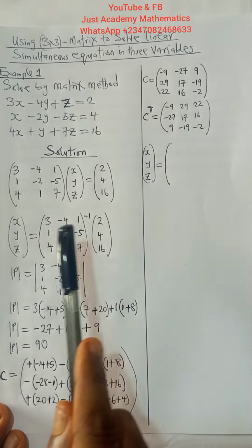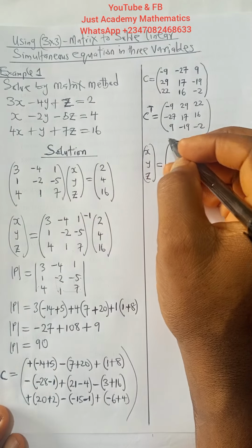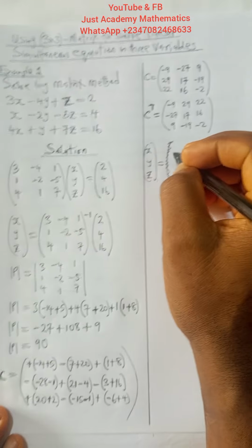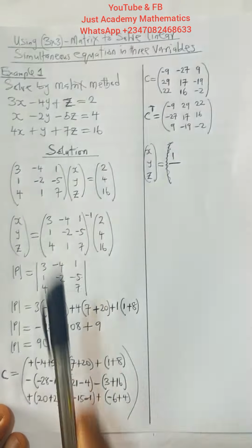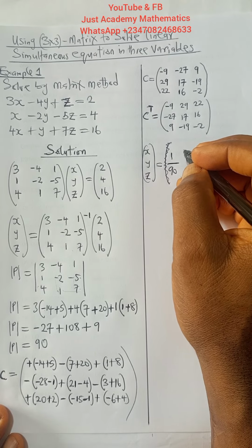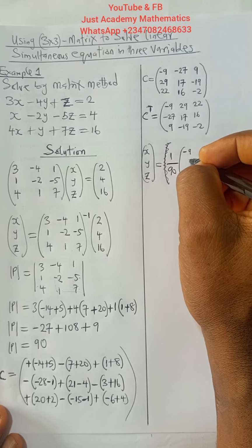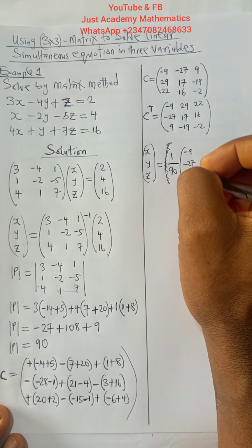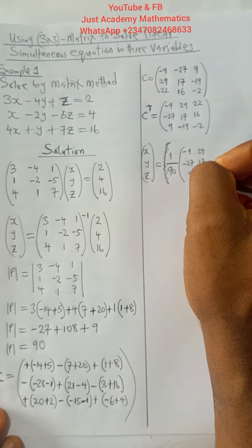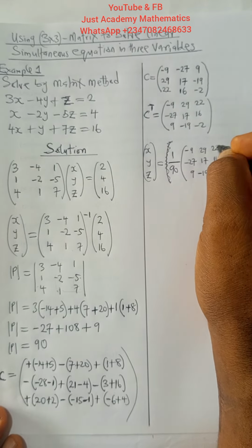The inverse of this will now be 1 over the determinant, 90, times the transpose of cofactor: minus 9, minus 27, 9, 29, 17, minus 19, 22, 16, and minus 2.